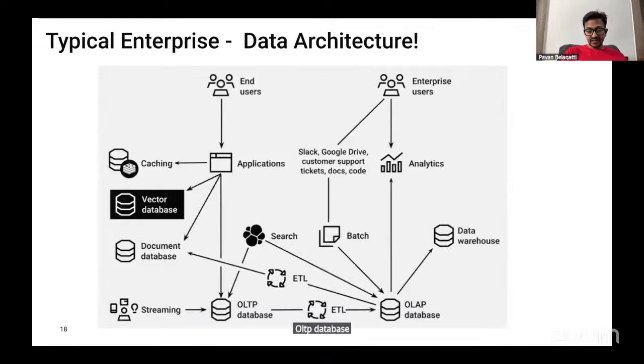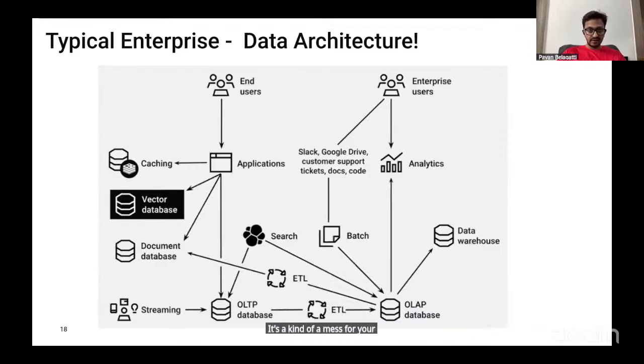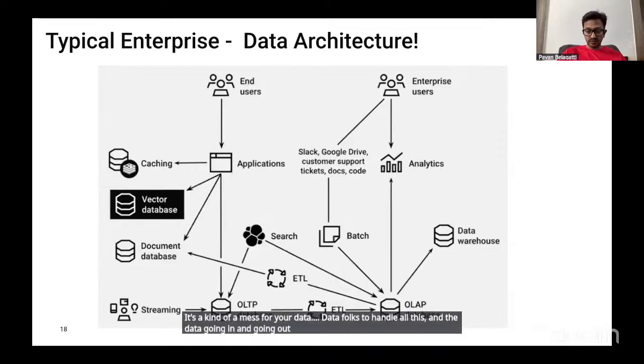And now all the hype is about generative AI applications, and they feel they need a separate vector database, right? So if you see the whole architecture using different databases at different levels, it's a kind of a mess for your data folks to handle, with the data going in and going out and indexing all those things.